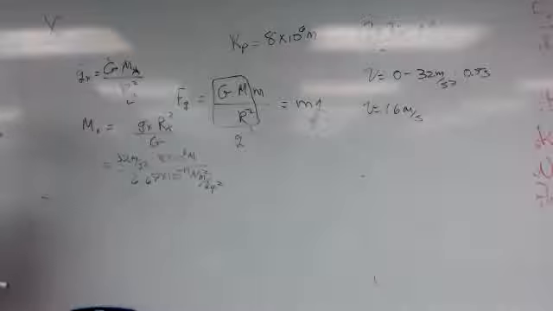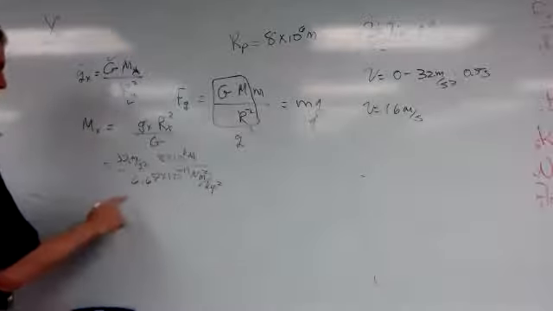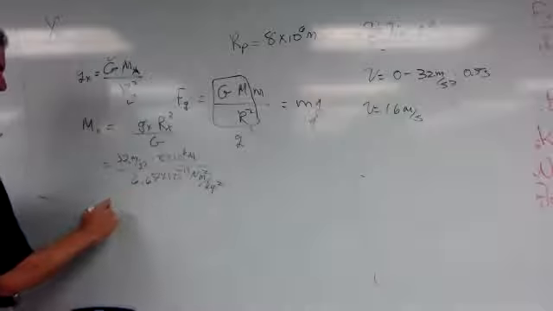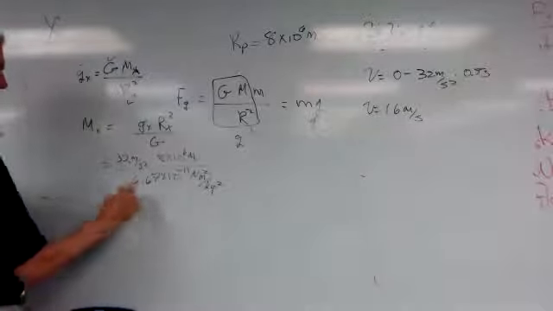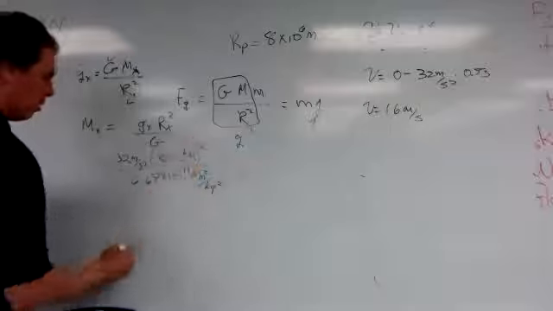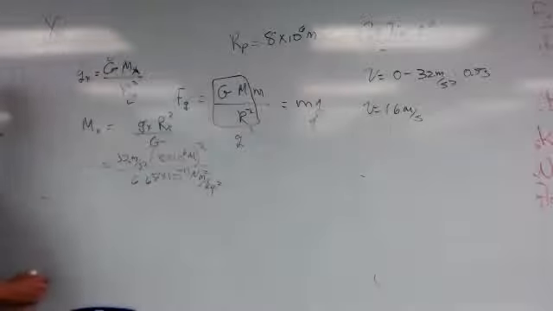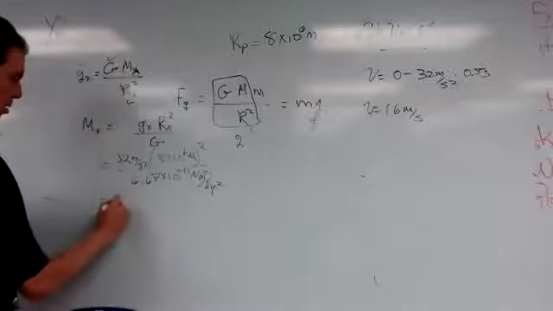It's 13. Well, I have to square this one, don't I? There we go. That's better. I don't know what that is. 3.07 times 10 to the 20.